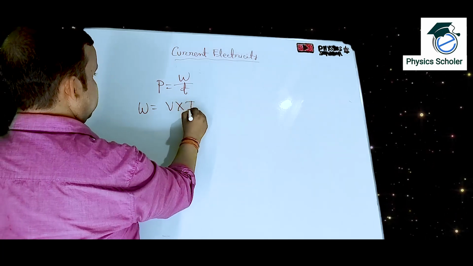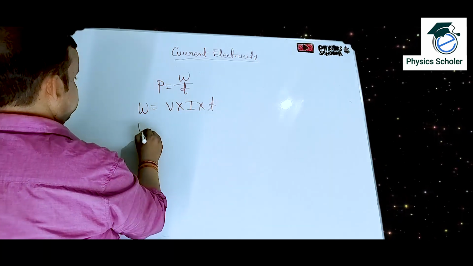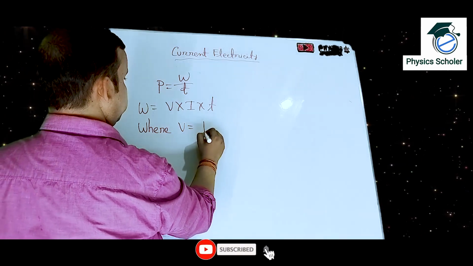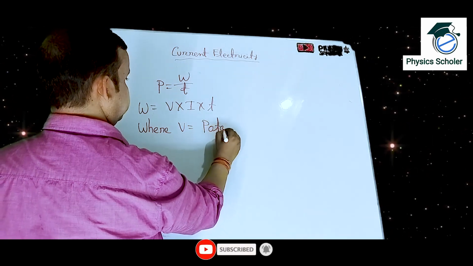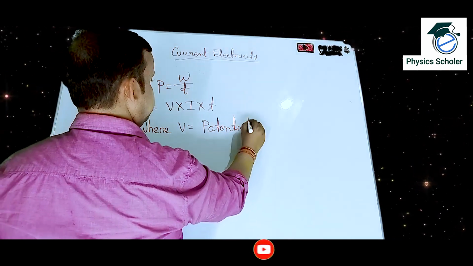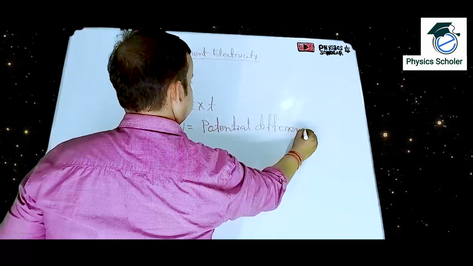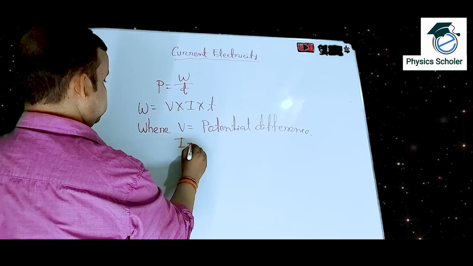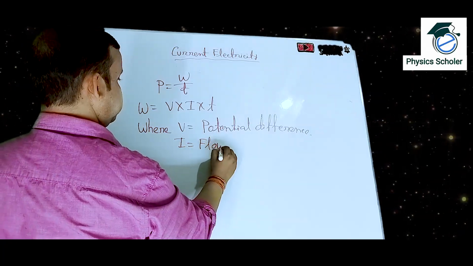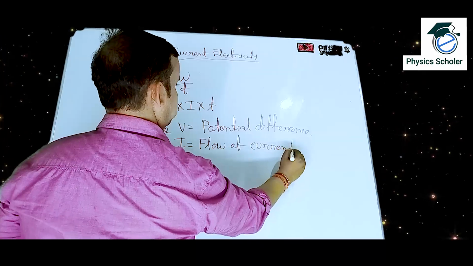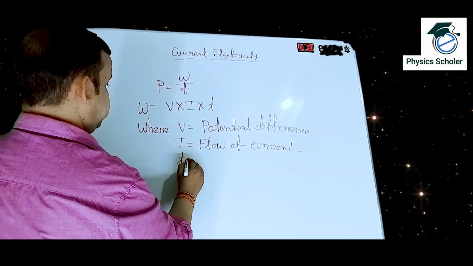V into I into T, where V is the potential difference, I is the flow of current through the electrical circuit, and T is the time.